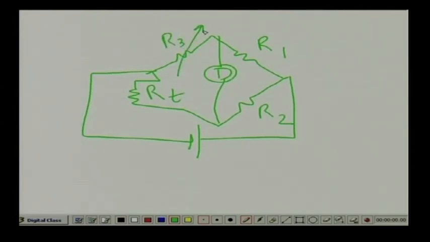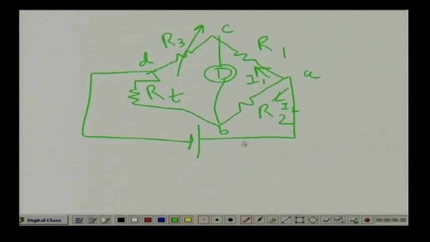We make RT variable and this is the potential. Suppose this point is A, this is B, this is C, this is D, and suppose this current is I1 and this current is I2. Right.